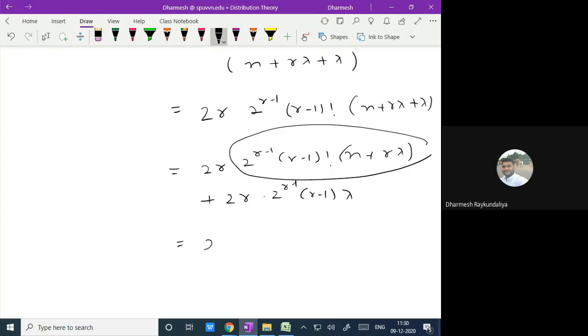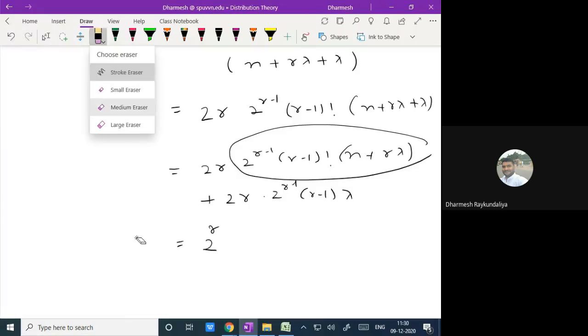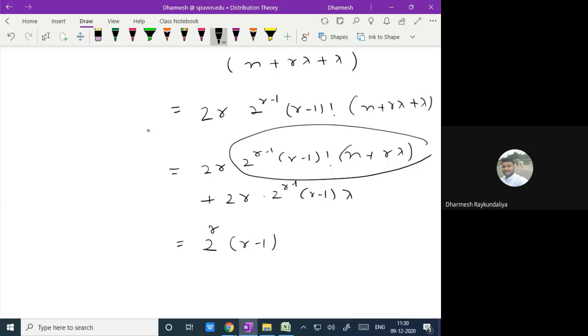So it is 2 raised to r into r minus 1 lambda plus 2r Kr.